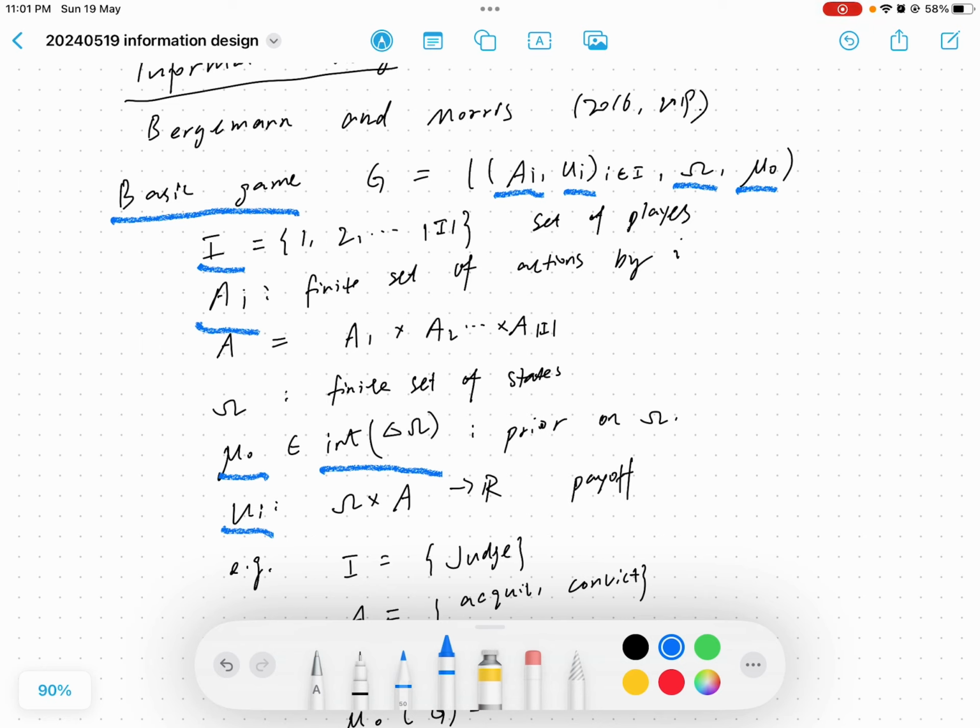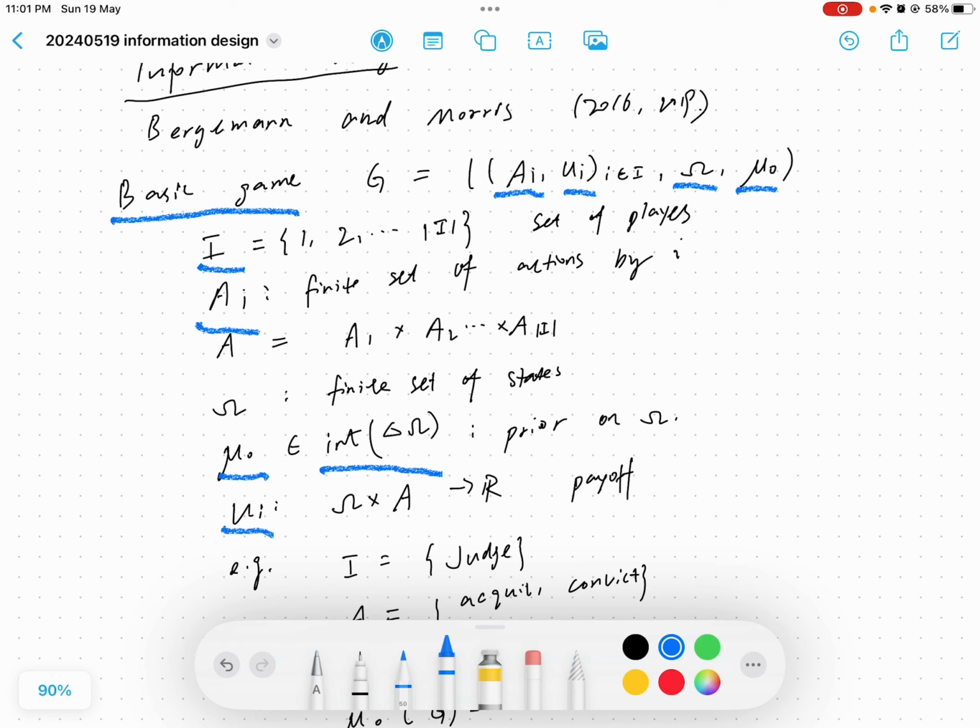We can actually have multiple players, but as in the example we mentioned before, the sender or the prosecutor, that information designer, the person who is making this information structure, is not included in the set of the players here. The multiple players here could be multiple receivers.